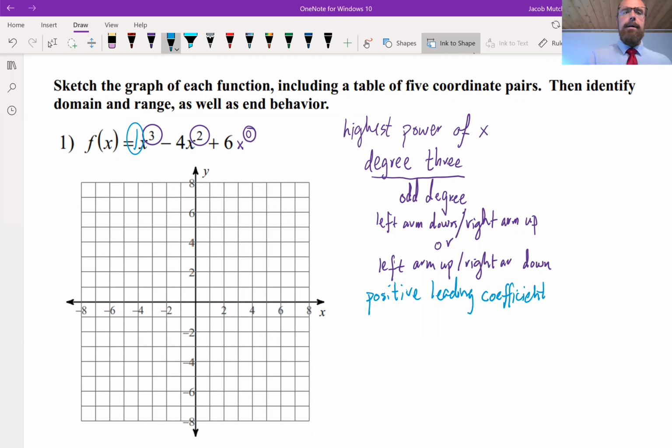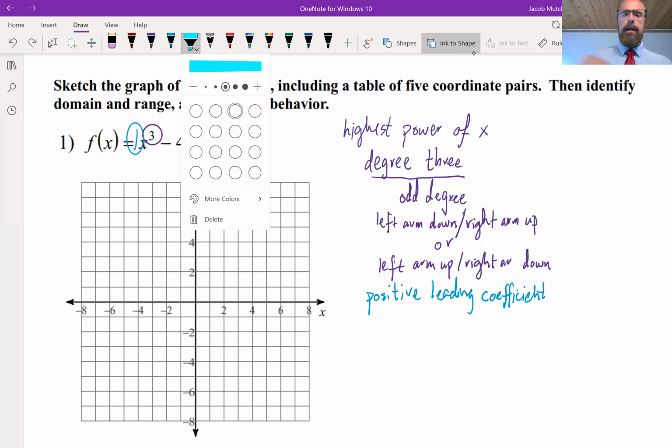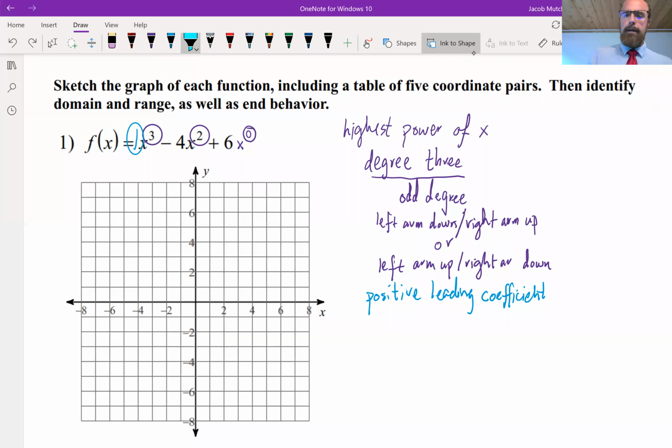So I can narrow down my prediction to left arm down, right arm up. So we'll highlight that one. Left arm down, right arm up. And so as I look at the function and consider what it might look like, it'll have this left arm traveling from negative infinity up, and then the right arm is headed up towards positive infinity.